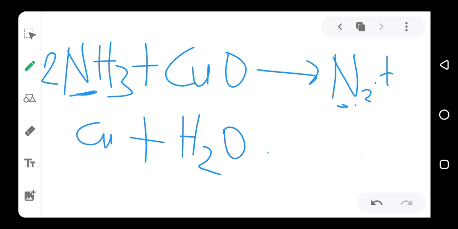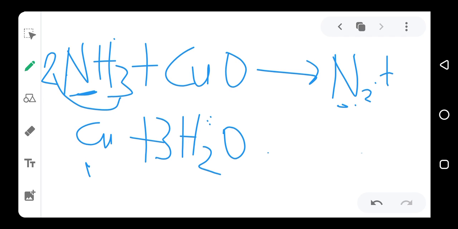Now for hydrogen, we have 6, that is 2 times 3, which is 6 hydrogen atoms. And we have 2 hydrogen atoms here. Let's put 3. 3 times 2 will give us 6. So we have 6 hydrogen and 6 hydrogen here. Then for copper, we have 1 copper here and we have 1 copper here.